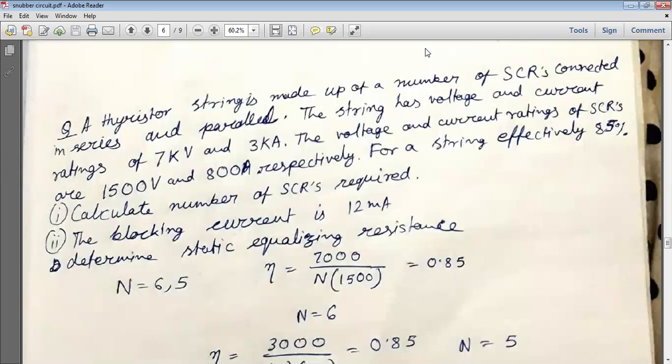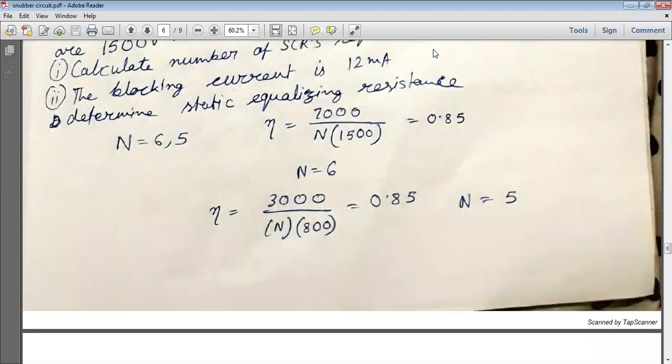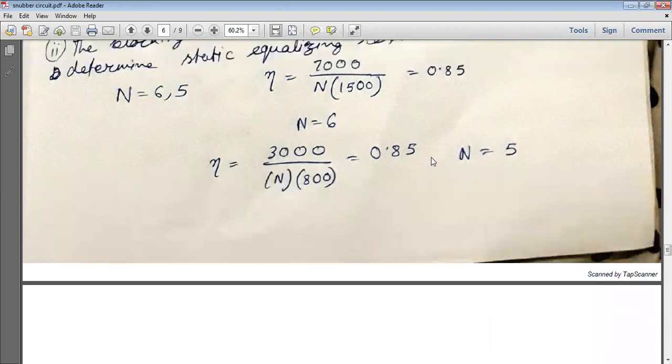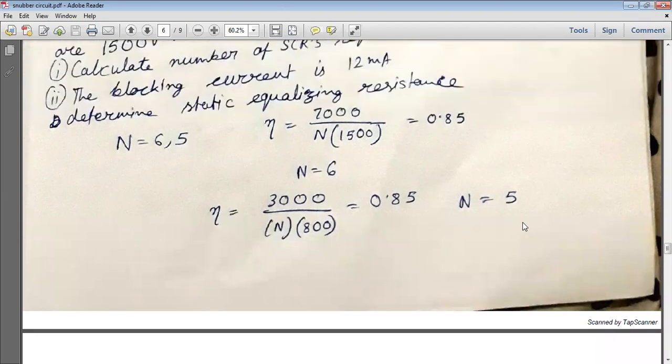The rating of each SCR is 1500. So 7000 by N times 1500 equals 0.85, so N is equal to 6. Then again, eta equals 3000 by N times 800 equals 0.85, when N equals 5.